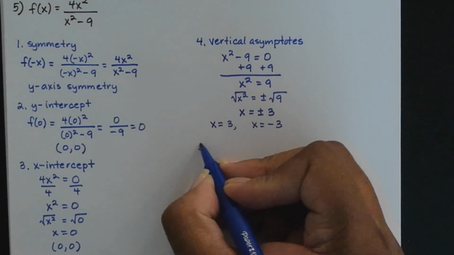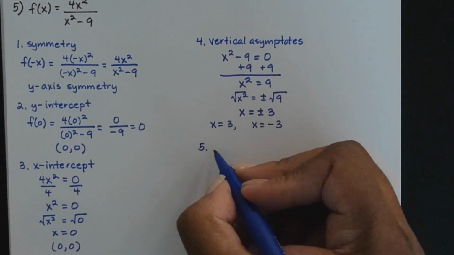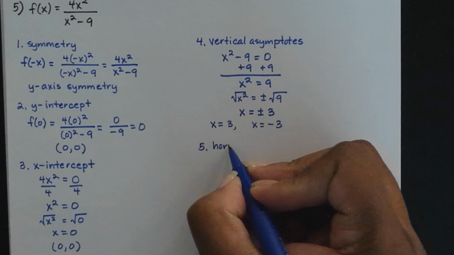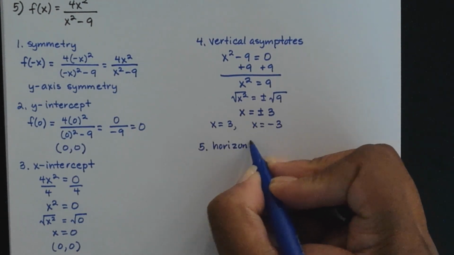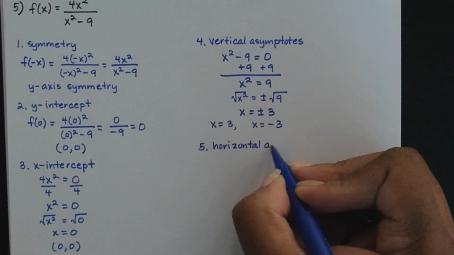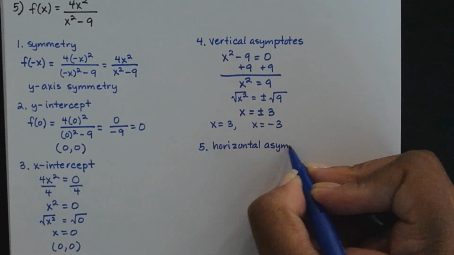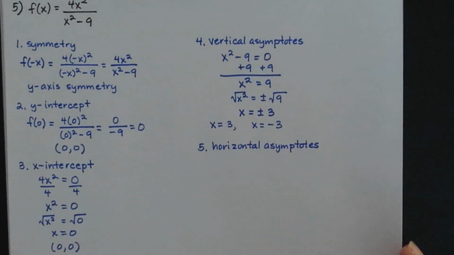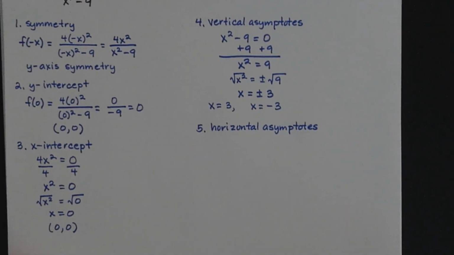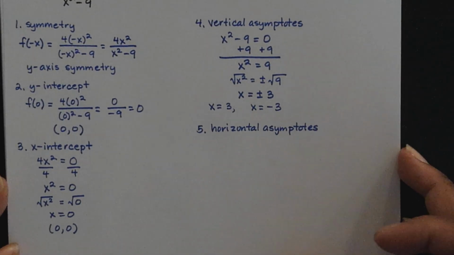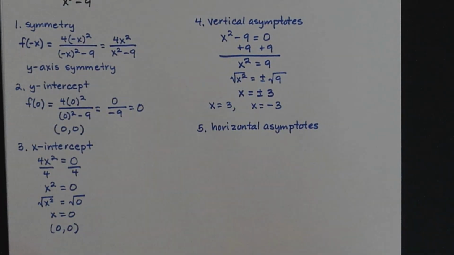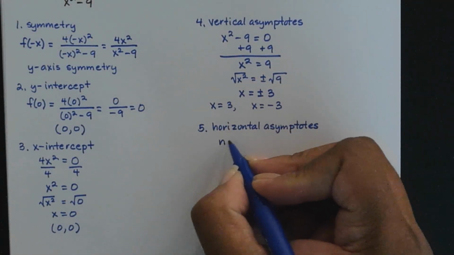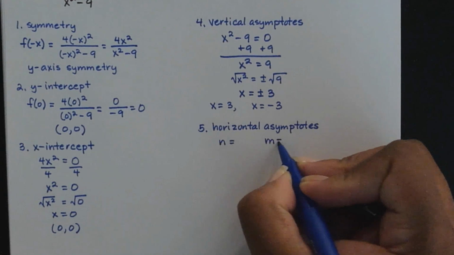All right, number 5 is finding the horizontal asymptotes. To find the horizontal asymptotes, we have to identify two things, the n and the m.